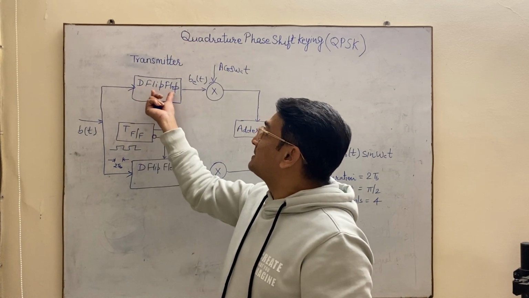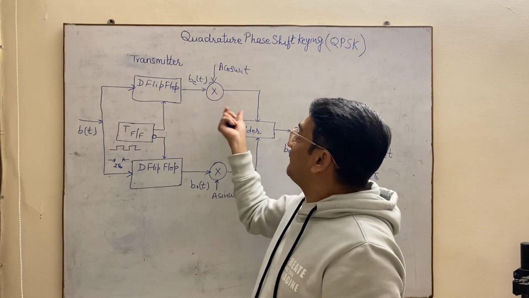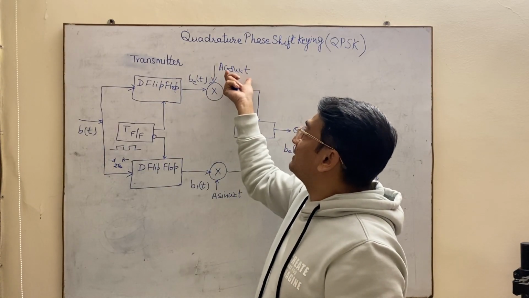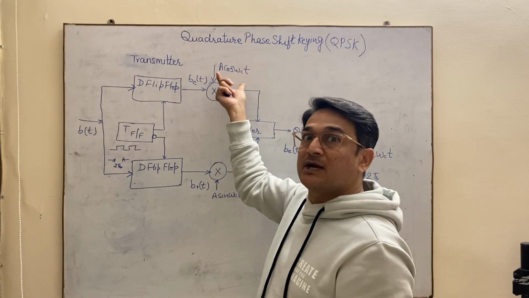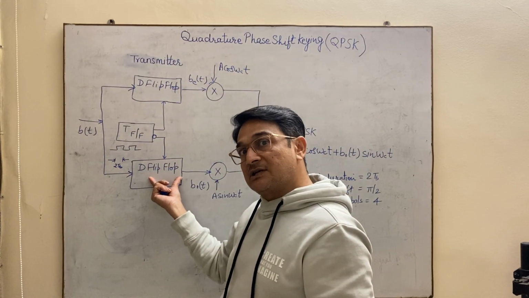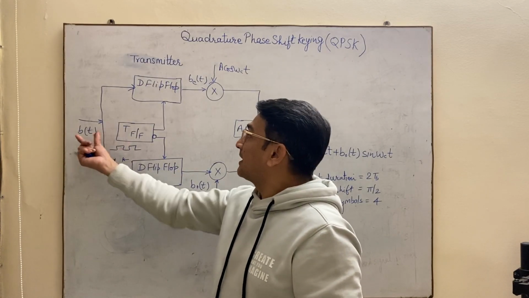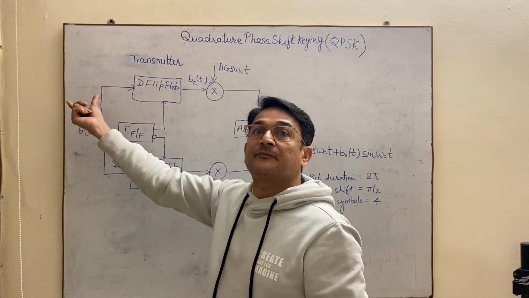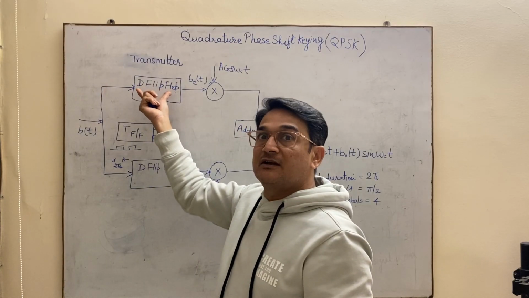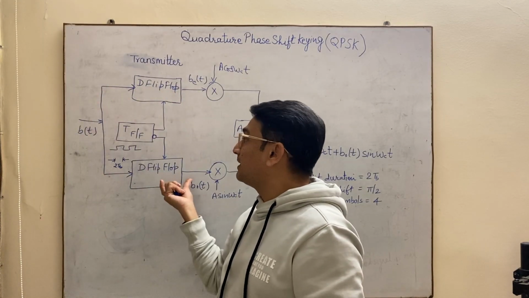After 2 TB seconds, this bit will go to this multiplier, where it is multiplied with the carrier signal A cos omega ct. Till that time, the second bit was resting here or saved here. Then the third bit will come here. The first bit is already released, so now the third bit will come here. Then the fourth bit will come here.